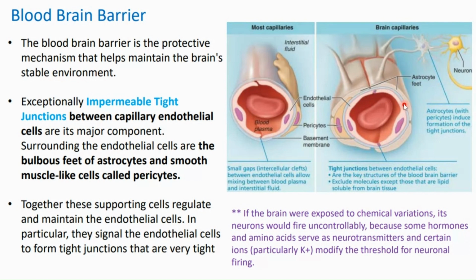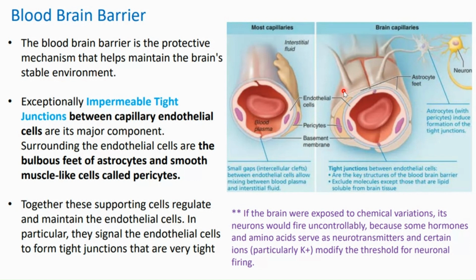Outside the capillary, we have a basement membrane, and outside the basement membrane, we have pericytes. These are pericytes, the smooth muscle-like cells, and we have the foot processes of the astrocytes. So astrocytes are here. It's a type of neuronal cells within the brain. Their foot processes surround the capillary. So this is the blood-brain barrier.